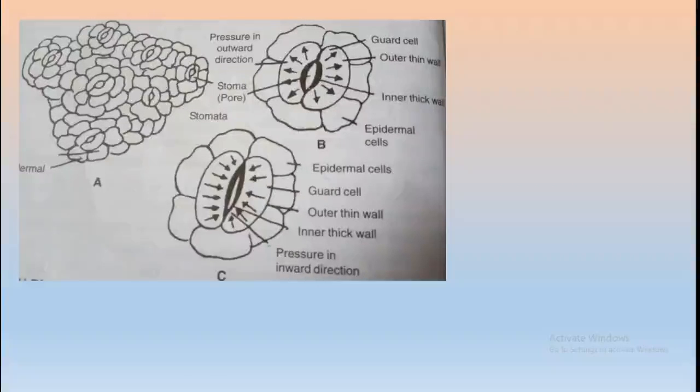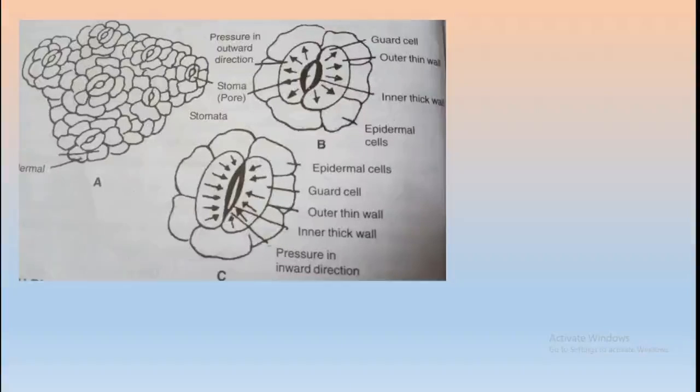and stoma opens. Now, when the guard cells lose water, inward pressure is created by the outer walls on inner thick walls, due to which the two inner thick walls of the guard cells move close to each other. When two inner walls come very close to each other, the stomatal pore closes, or stoma closes.